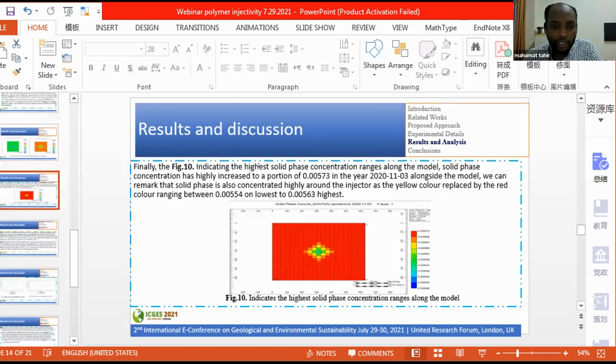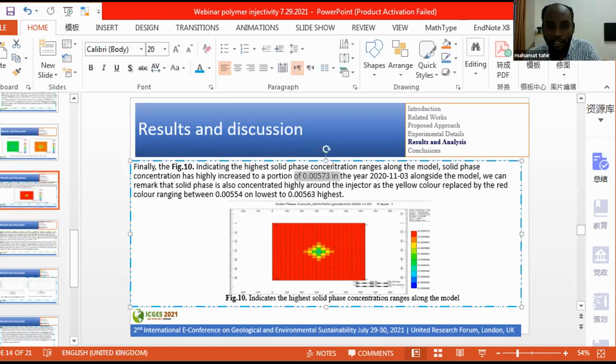So in our figure 10, we can see the concentration has increased higher compared to the previous figure 9. Even the concentration rate portion has increased. Within a year, we can see here in 2020, the 11.3 alongside the model, we can also remark that the solids are highly concentrated nearby the injector well.